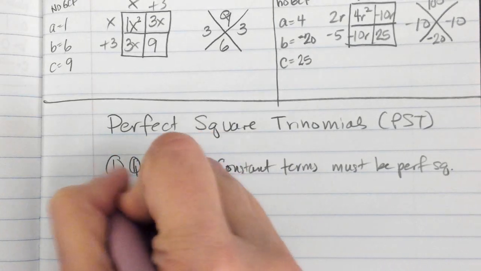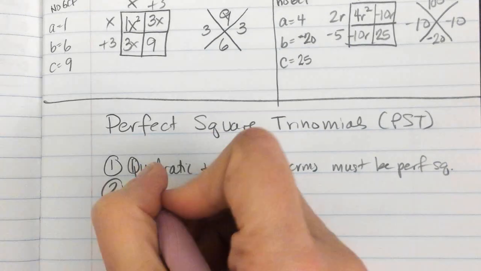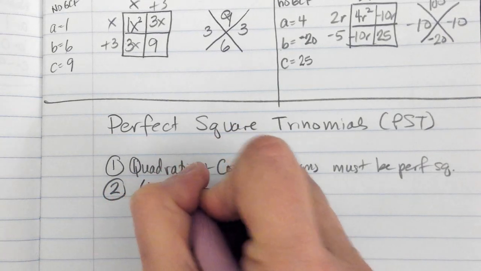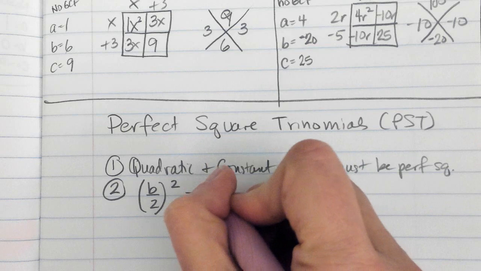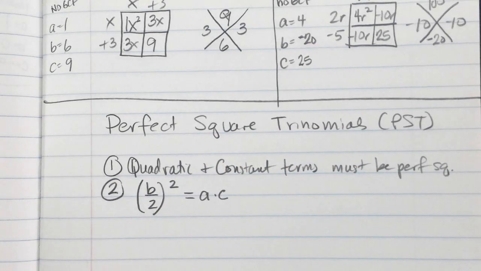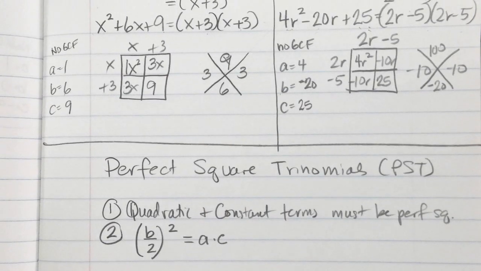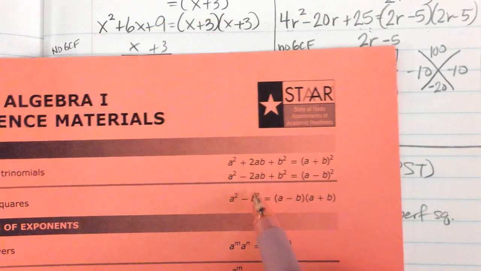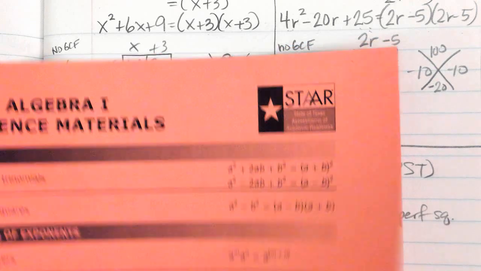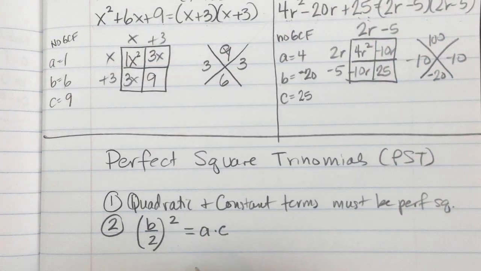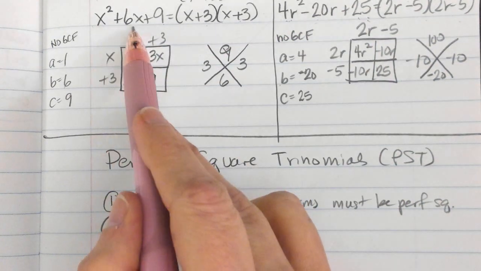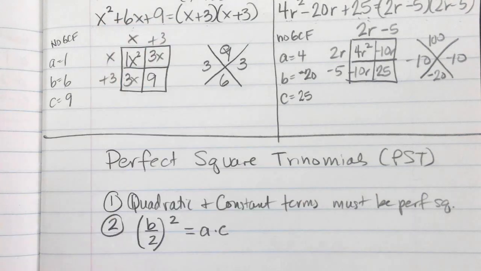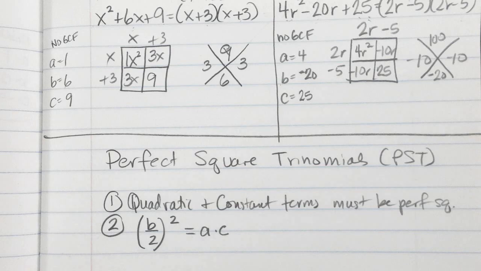The other thing that has to be true is this: (b over 2) squared has to equal a times c. I know, right? And again, this formula is on here. So basically, what you have to do is look at this, square this. It has to equal half of this. It has to equal those two multiplied together. So let's just take a look at what that looks like.